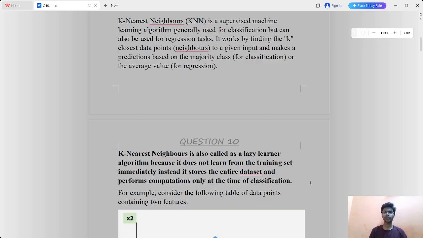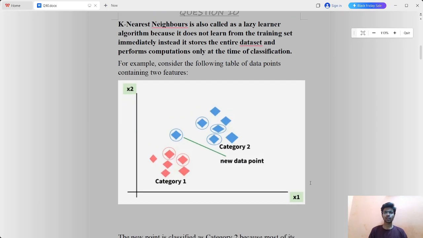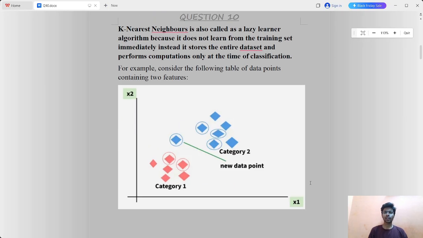It works by finding the k closest data point neighbors to the given input and making a prediction based on the majority class for classification or the average value for regression. KNN is also called a lazy learner algorithm because it does not learn from the training set immediately. Instead, it stores the entire dataset and performs computation only at the time of classification.